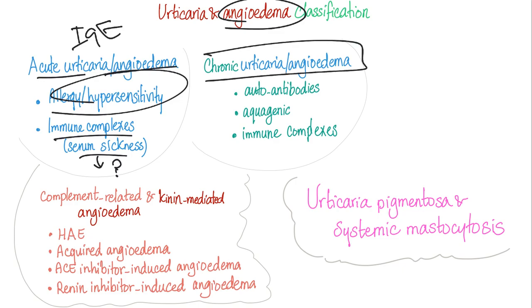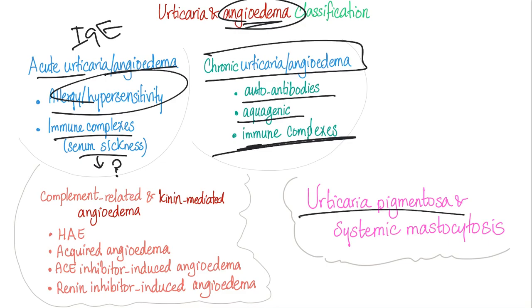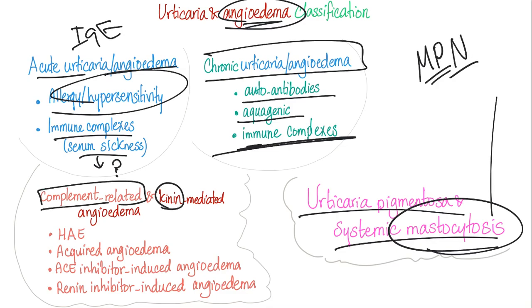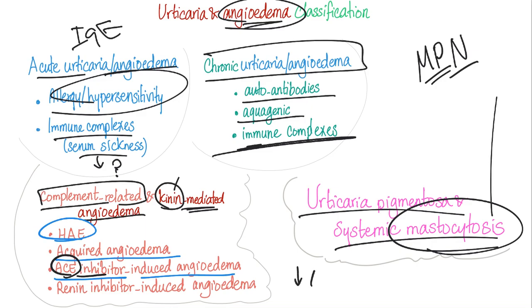Then we have the chronic angioedema, such as autoantibodies, aquagenic angioedema or aquagenic urticaria, as well as immune complexes. Then we have urticaria pigmentosa and systemic mastocytosis. If you remember mastocytosis, it was one of the myeloproliferative neoplasms. And we have complement-related and kinin-mediated angioedema, kinin here being bradykinin, such as hereditary angioedema, which is the topic of today's video, acquired angioedema, which we're going to discuss in a later video, ACE inhibitor-induced angioedema, because when you are using an ACE inhibitor, there is less ACE and there is more bradykinin.